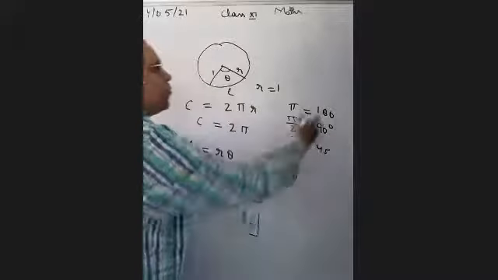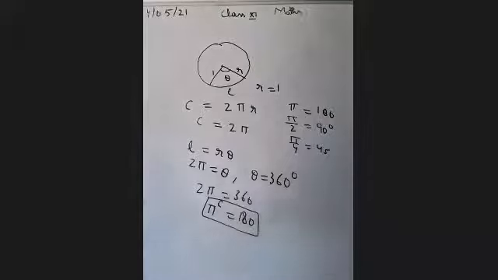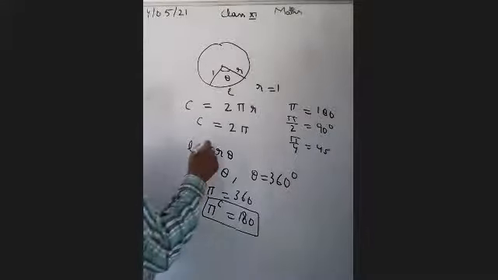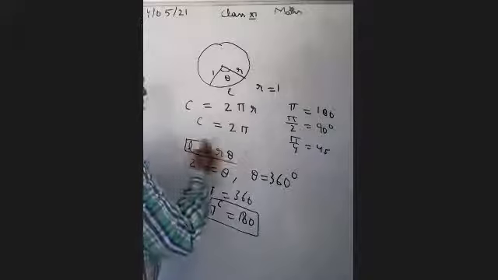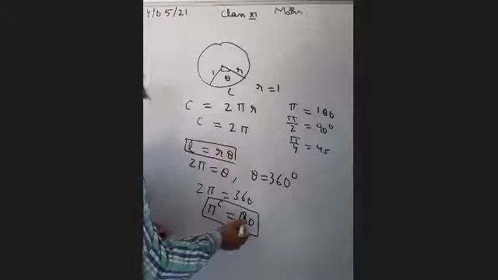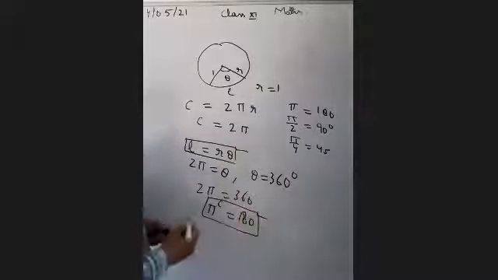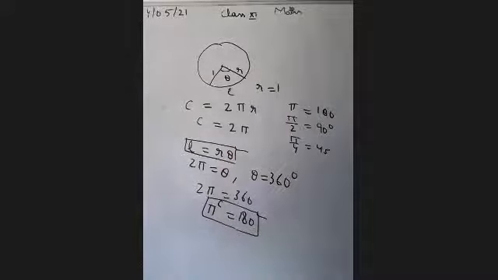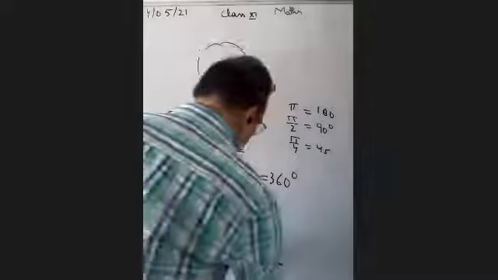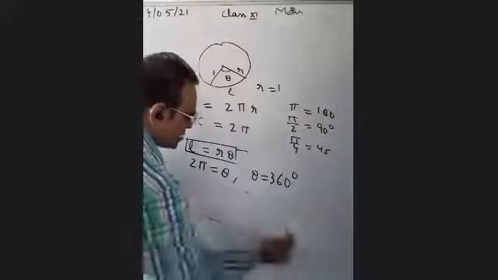Just divide both terms by 4, you will get the relation pi by 4 equal to 45 degrees. So this formula L is equal to R theta, ठीक है, और pi equal to 180 degrees. You have to use these two relations in this exercise. ठीक है, how we will use, I am explaining by taking your exercise.